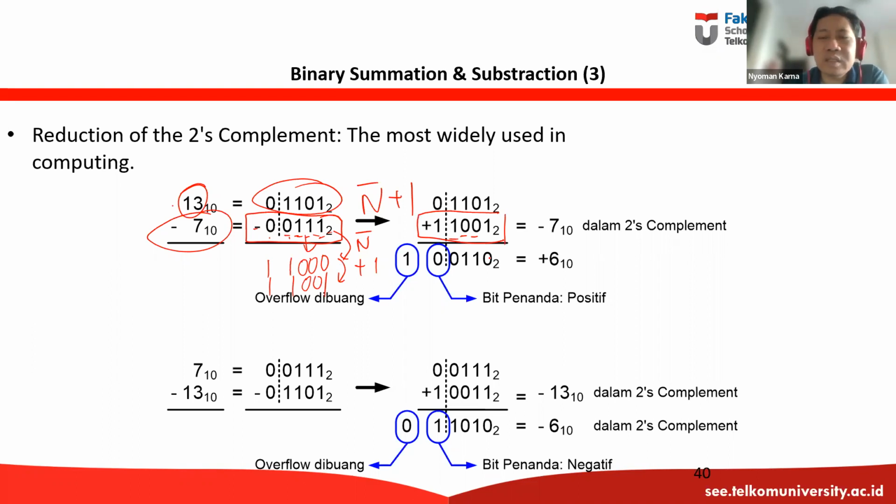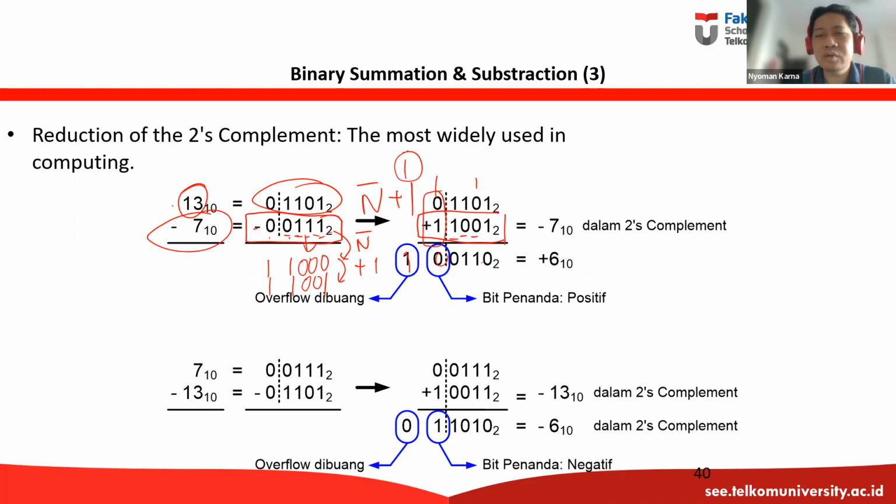Now we just need to add these two numbers. 1 plus 1 is actually 1, 0. And then this one, 1, 1. This is 1, 0. 1 plus 1 is 0. This one is 1. Now, in one complement, if the addition of the sign bit has a carry, we need to add this carry to the result.